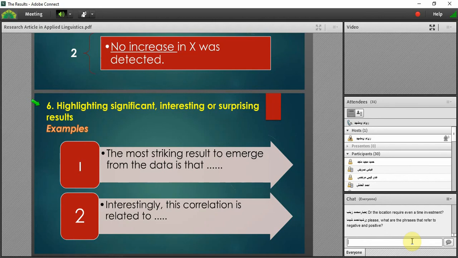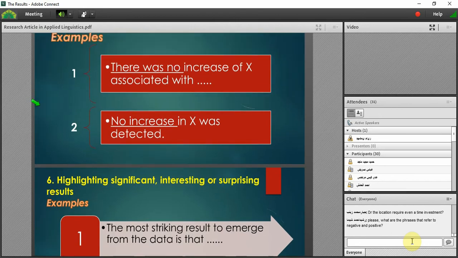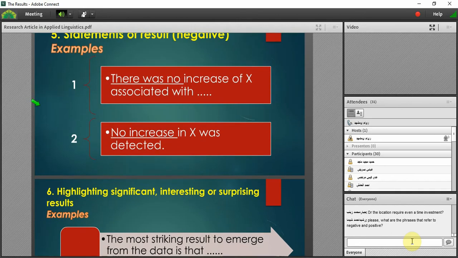So you need to help them. These are the examples: there was no increase, no increase. See? When reporting the result, you may have several examples.